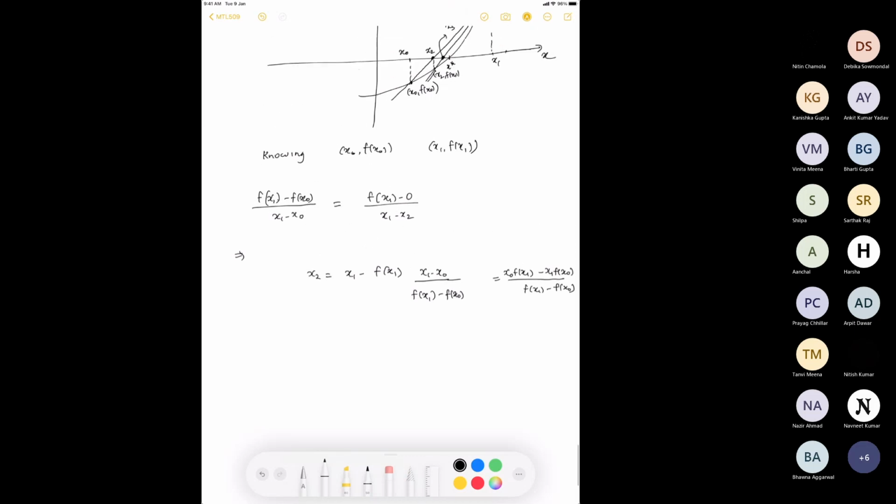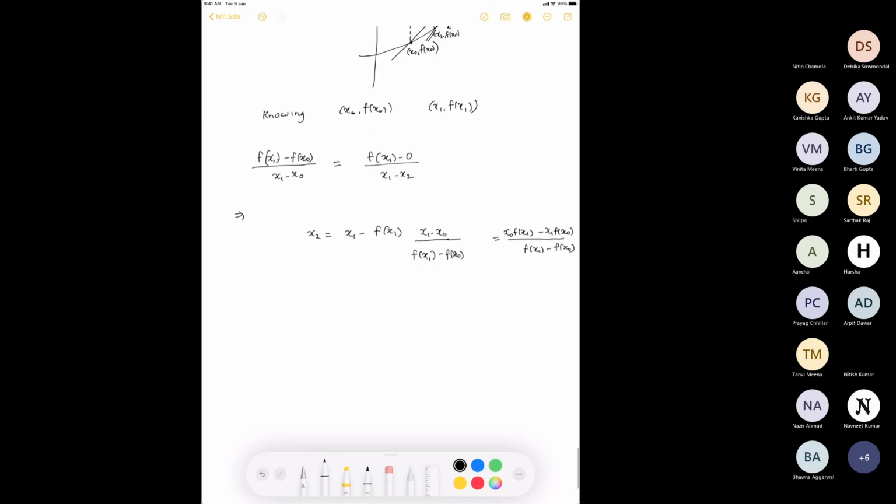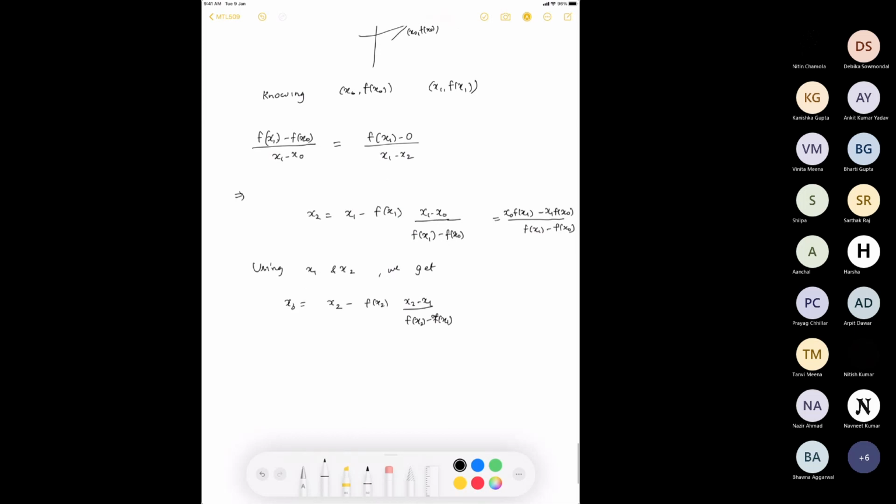Then I will repeat this process. Using x1 and x2, we will get x3 as x2 - f(x2) times (x2 - x1) divided by (f(x2) - f(x1)), right? Likewise, if you continue, you will be able to write the general method.